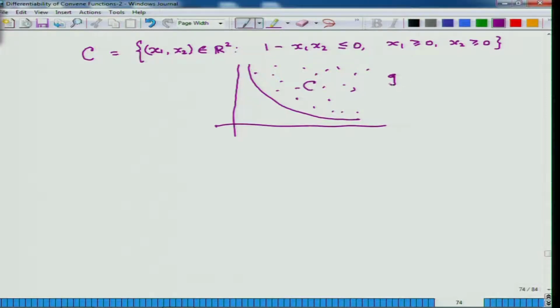Now, if I consider this function g_1(x), this is not a convex function.